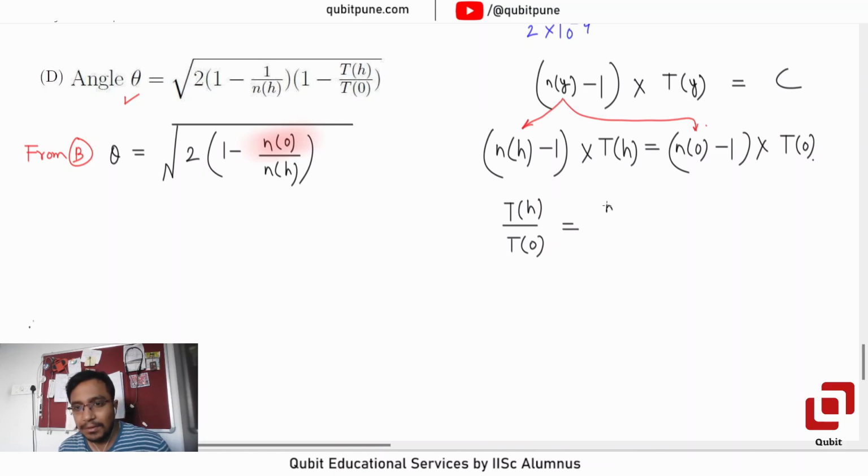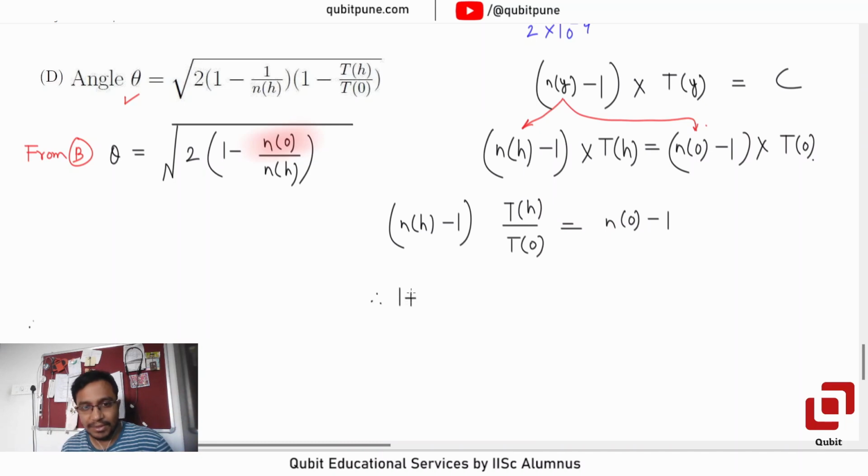This will be n0 minus 1 into th by t0, and here it will be nh minus 1. I basically kept n0 minus 1 on the right side, brought t0 to the left side, and then brought that 1 to the left-hand side.